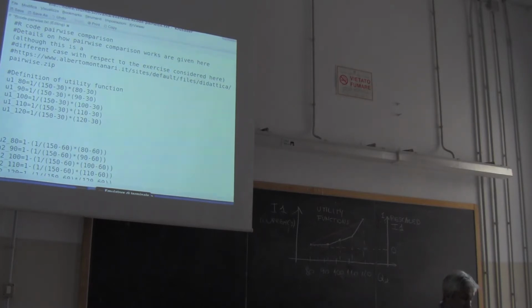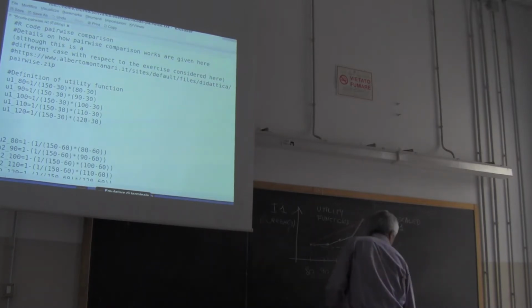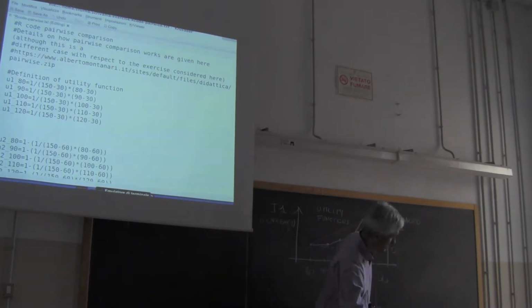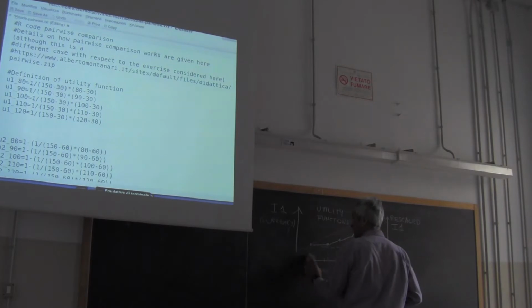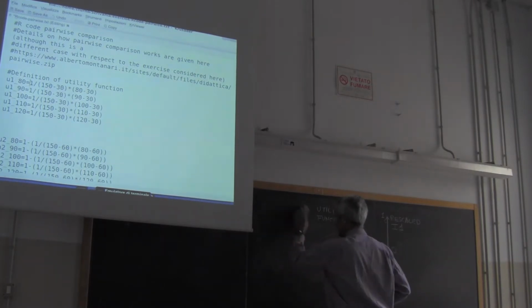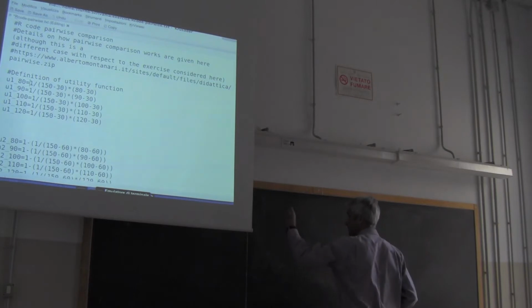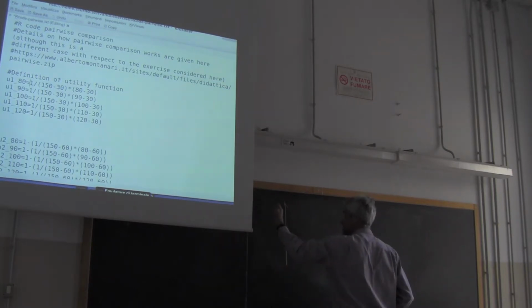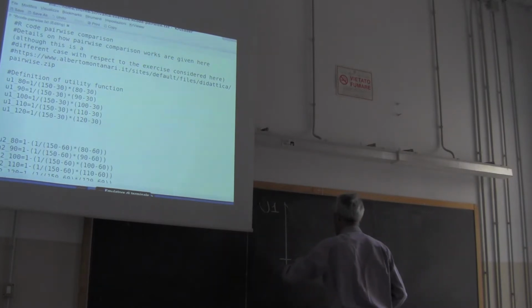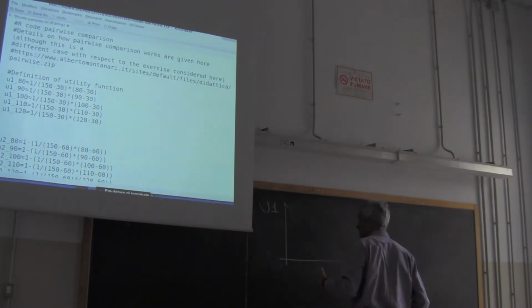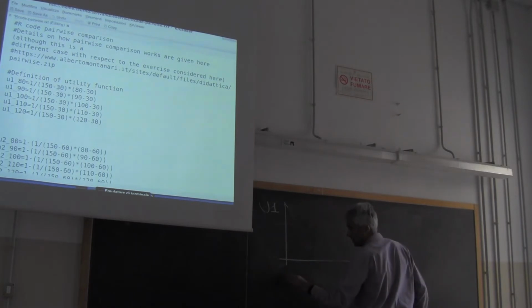First of all, the linear increase. Let me make a sketch just for the first one in order to clarify. It's trivial, but this is U1, and it's given in the PDF in this way.